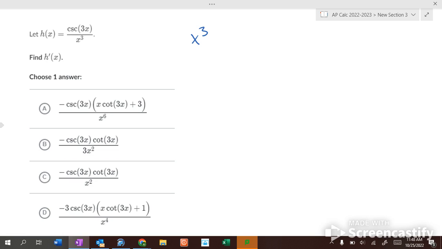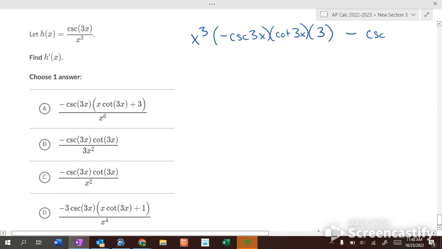Well, you look at your note card because I don't remember it. I think it's, oh, see, I wouldn't have gotten that. So it's negative cosecant of 3x times a cotangent of 3x times what? Times 3. Very good, because it's the first derivative of the inside.